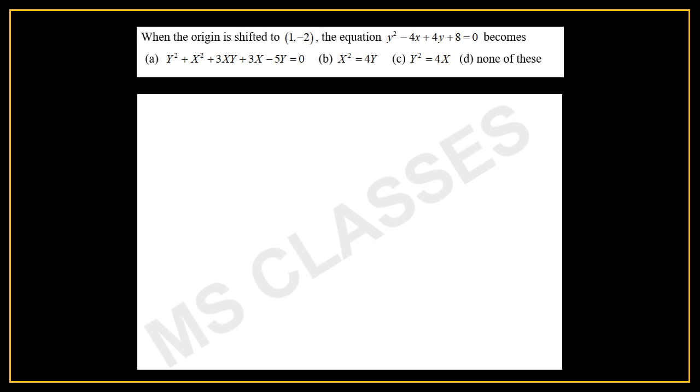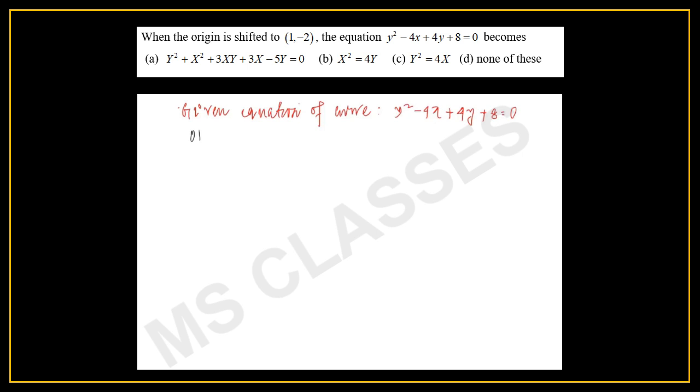Here the given equation of the curve is y square minus 4x plus 4y plus 8 equal to 0. Now we have to find how this equation changes when the origin is shifted to 1 comma minus 2.